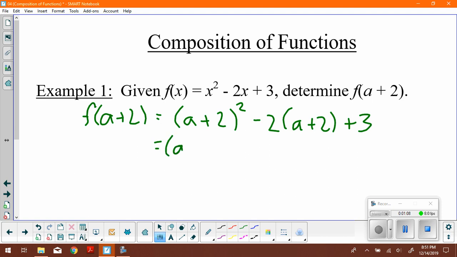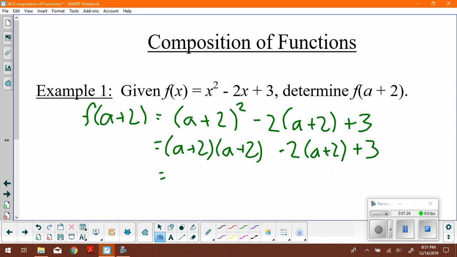So a plus 2 squared means I have a plus 2 times a plus 2. I can do all my expanding, right? So my first pair of brackets, I'm going to end up with a squared plus 4a plus 4.